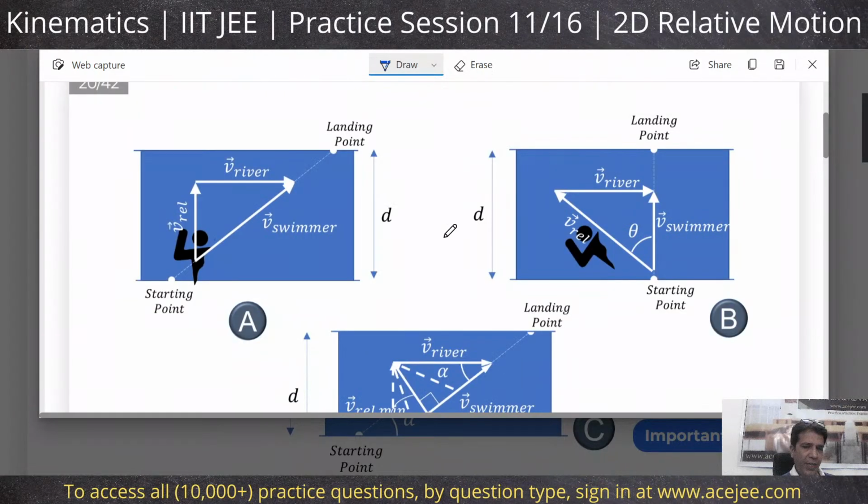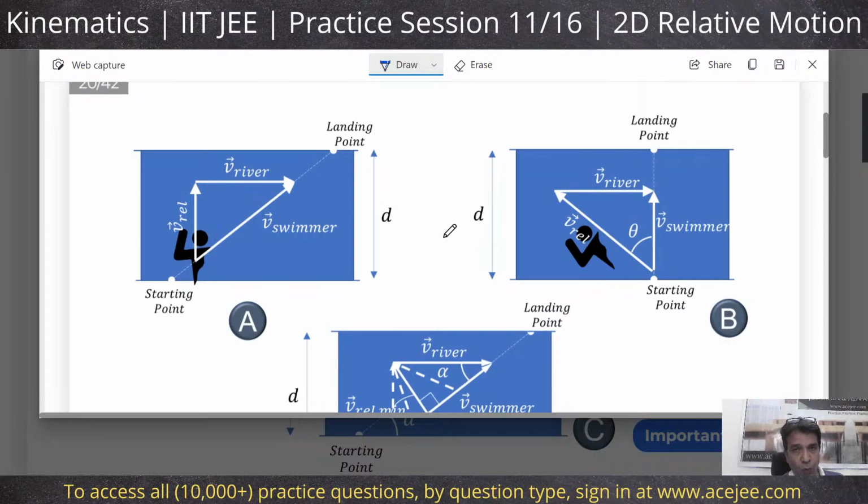In scenario A, if somebody says that the swimmer wants to cross the river in the shortest amount of time, then in what direction should the swimmer set off swimming with respect to the river?